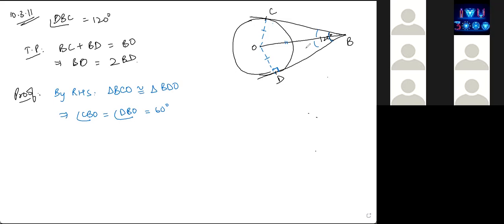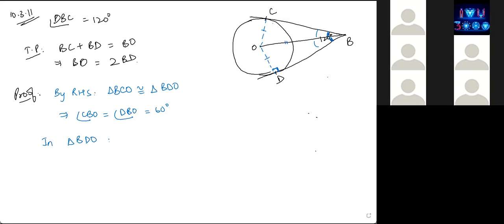Again, you're given information about an angle, and it's not just 90 degrees information. So use trigonometry, that will be to our advantage. So in right triangle BDO, this is the right angle.